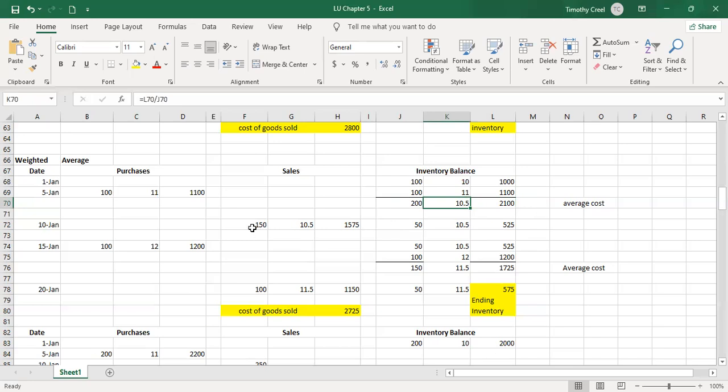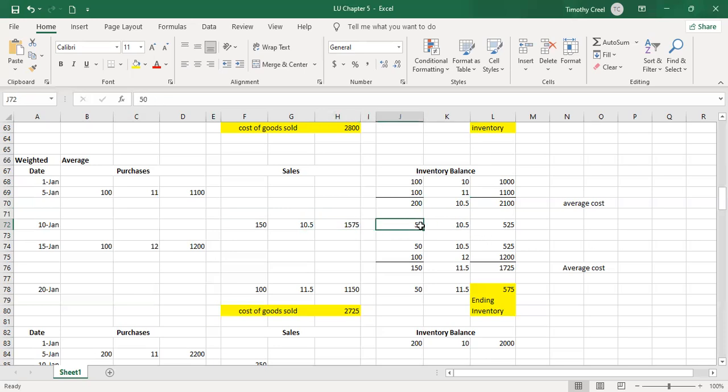Then we make a sale on January 10th of 150 units, just like in the other examples. We take that sale out and record the cost of goods sold based on the current average cost. So 150 times 10.50, which is our current average cost, gives us a cost of goods sold for the sale of $1,575.